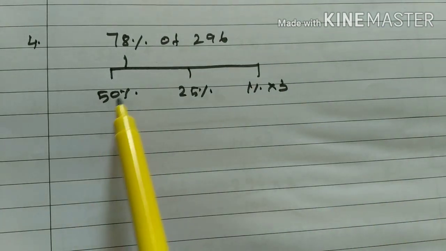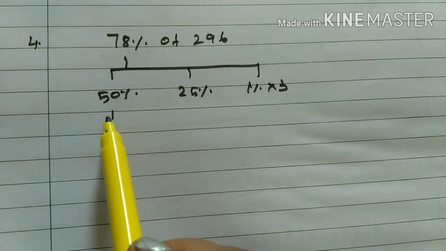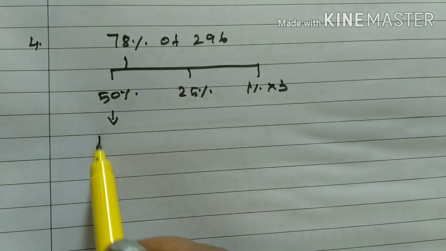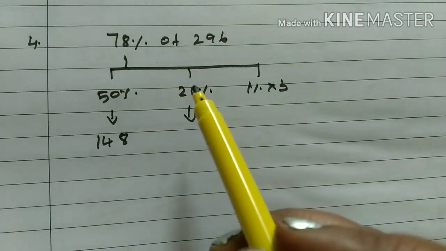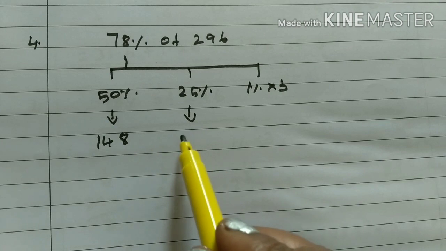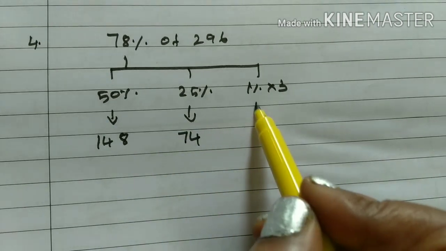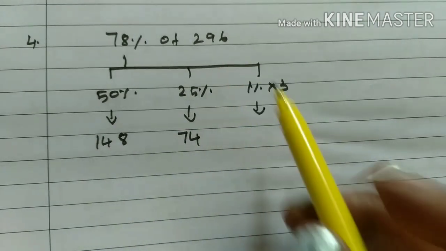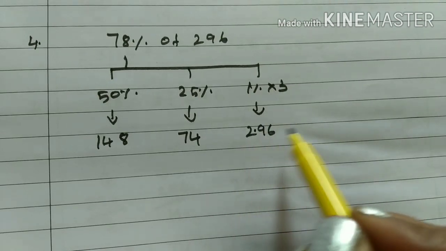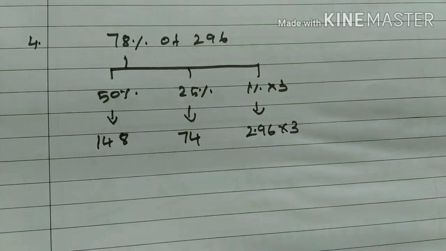Now let's write the 50% of 296. 50% of 296 is half of 296. That is 148. Next, 25% of 296, that is half of 50%, 74. Here 1% of 296 is 2.96 multiplied by 3, which is 8.88.